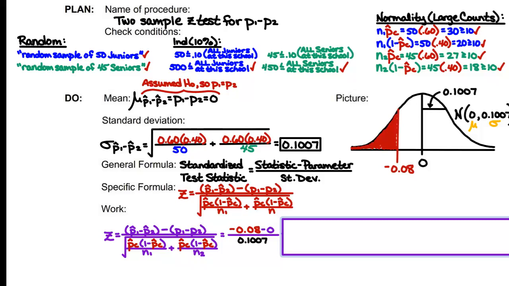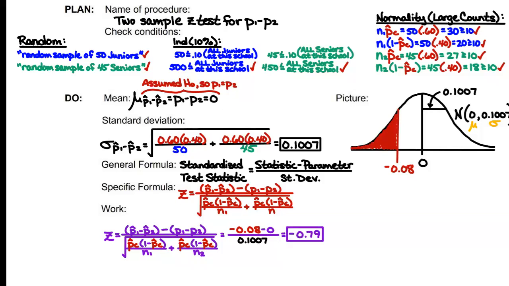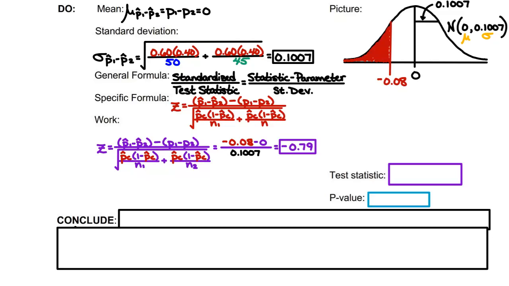I'm going to pop this all up higher on the screen. So that is my test statistic, negative 0.79. Can you guys find the p-value for me?